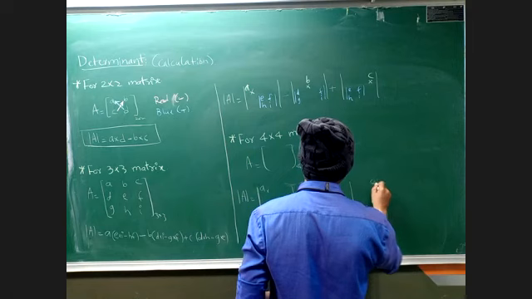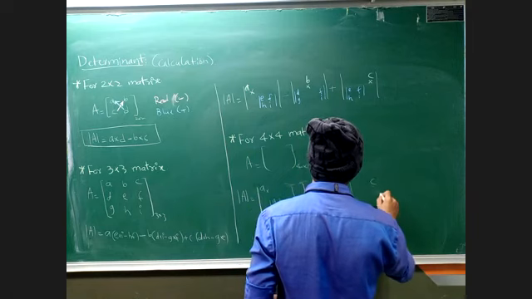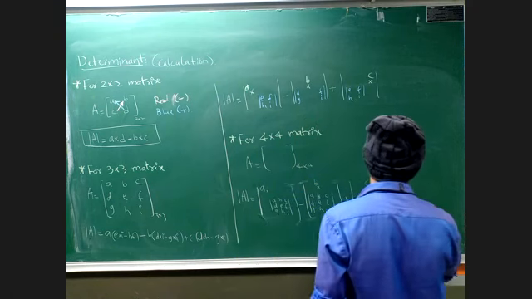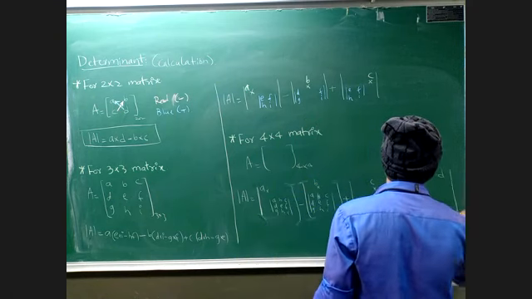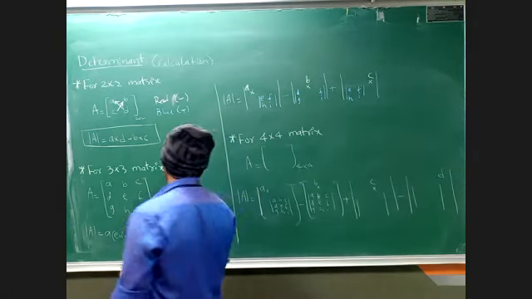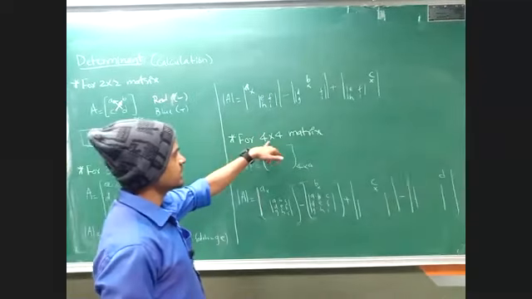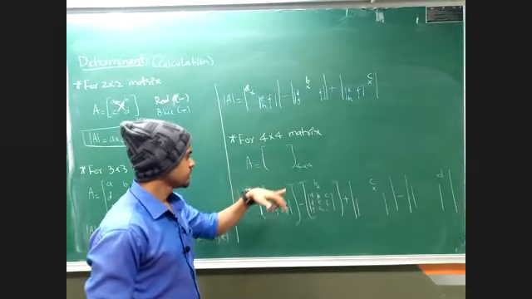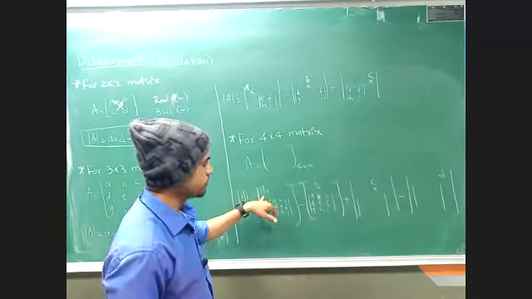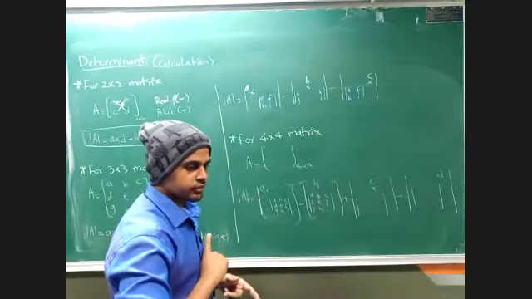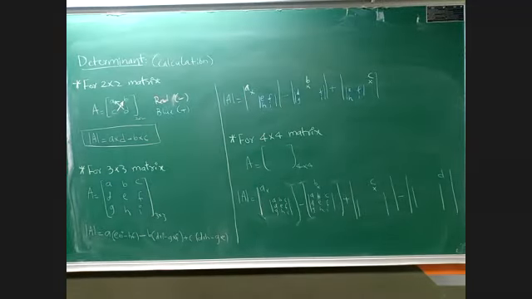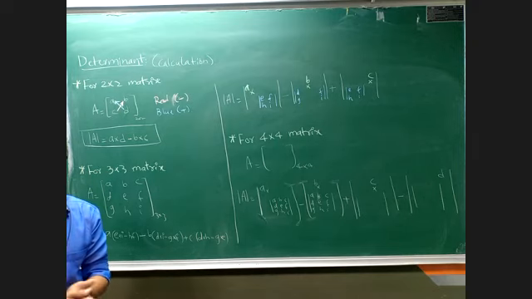Then again C with a 3 by 3 matrix, and again minus we will take last D, and here will be a 3 by 3 matrix. Okay, so as the number increases, 4 by 4, 5 by 5, we just need to multiply the first row elements with their minors with alternating signs, then we will get the determinants. Okay, just note down everything.